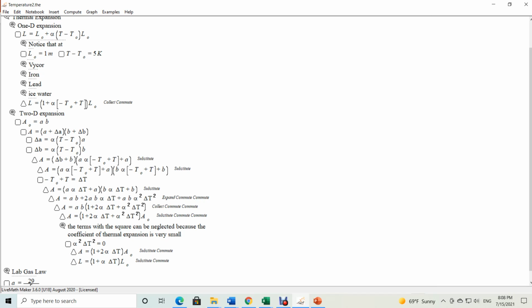See that? Delta L equals 1 times alpha, but for A you have a 2 alpha here, times delta t, times A naught, L naught. Don't forget what we have here is an approximation, not an equality. This coefficient that we see here we call the coefficient of surface expansion. Here's the coefficient of linear expansion. Here's the coefficient of surface expansion.